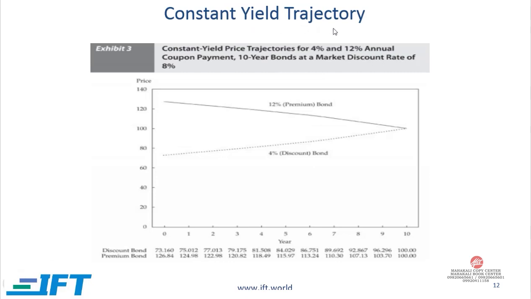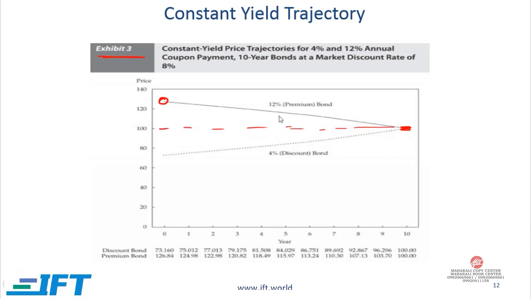Constant yield trajectory. This is exhibit 3 from the curriculum, and what this is showing us is that a premium bond over time will come down in value to par. So this is the par value of 100.